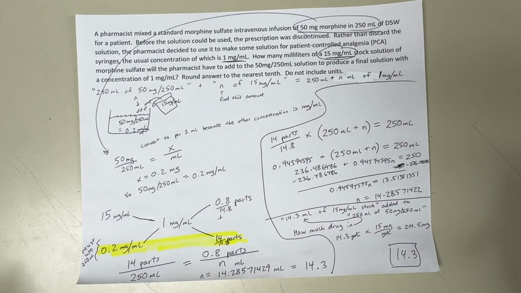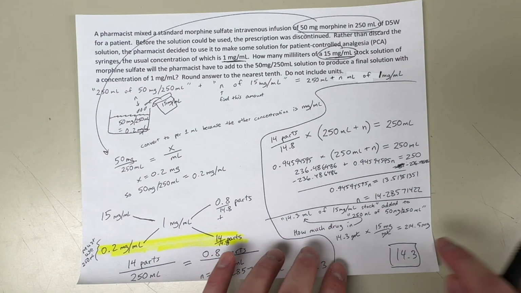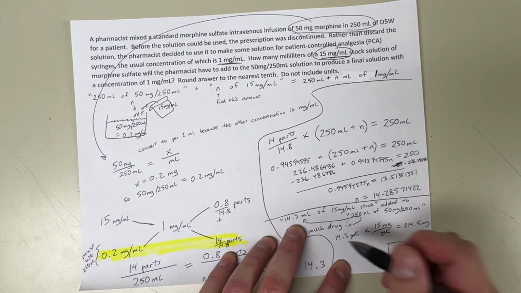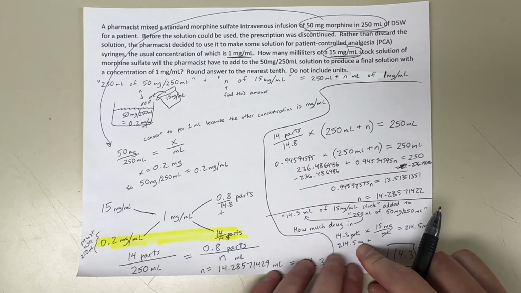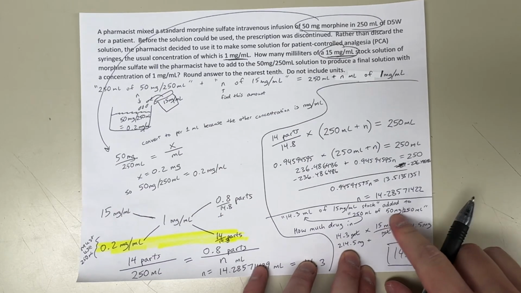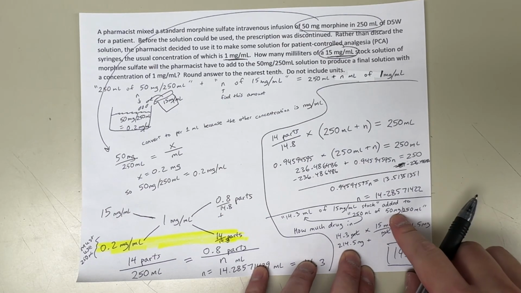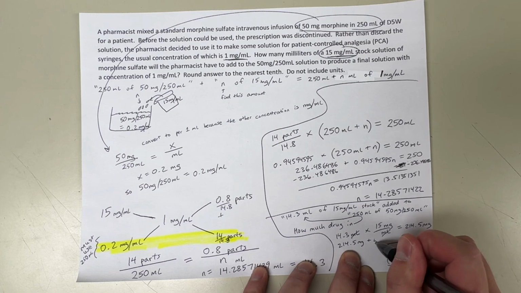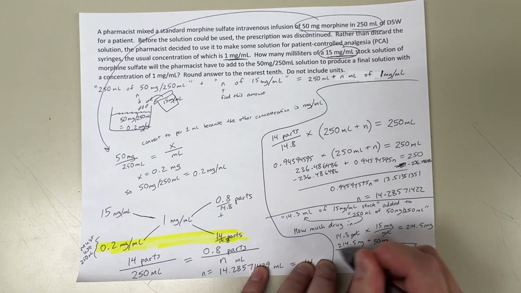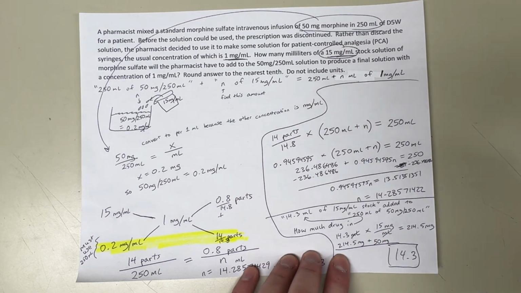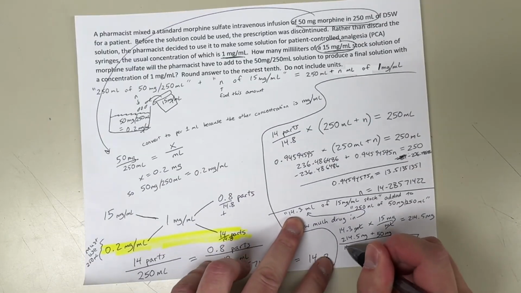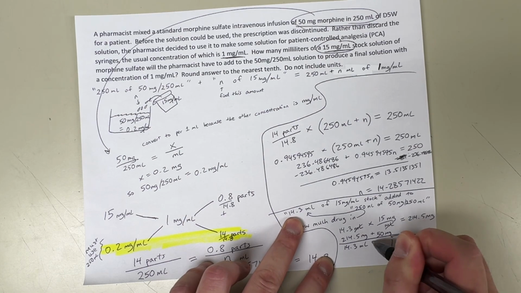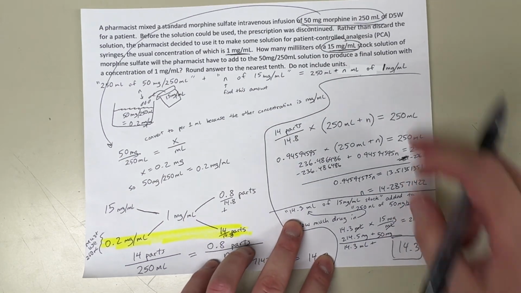And now I'm going to combine the amount of drug over the total solution to get the concentration. The total amount of drug is 214.5 milligrams, which I just calculated, plus 50 milligrams. You don't need to calculate this because they tell you the amount of drug, since you're using this whole solution. That's over the total amount of the solution in milliliters, so the 14.3 milliliters plus the 250 milliliters.